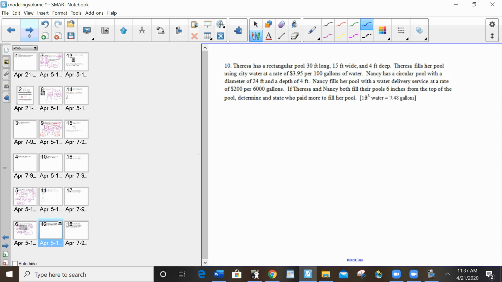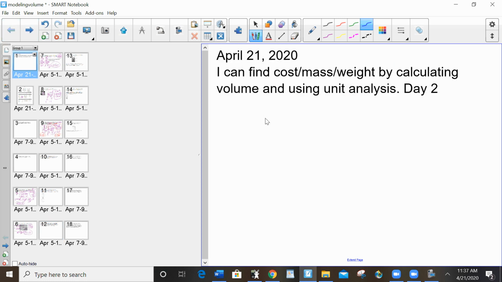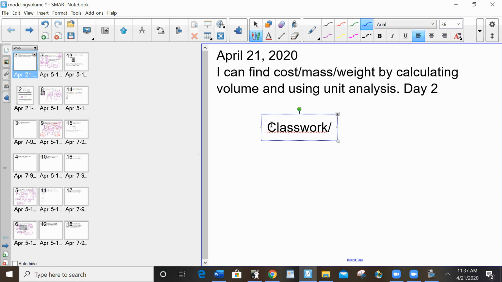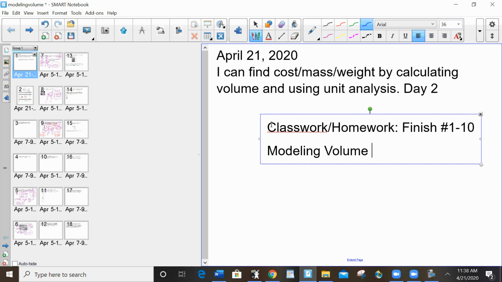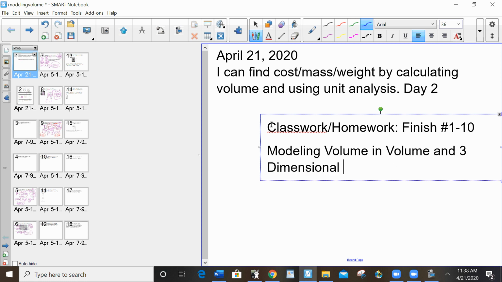So your classwork/homework is to finish numbers 1 through 10. And again, this is modeling volume in your volume and 3-dimensional objects packet.